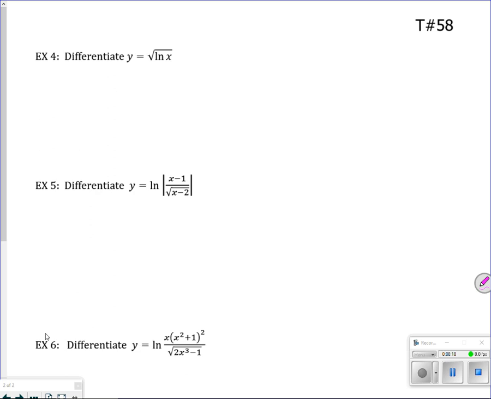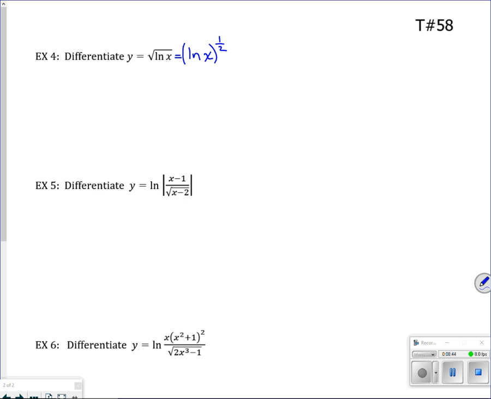Okay, so what's going on back here? First of all, I want to look at number 4 and make sure we understand what that's saying. Let's rewrite that in another way. If I rewrote y equals, I think you would agree that that's the natural log of x to the 1/2 power. All of that's being raised to the first power.